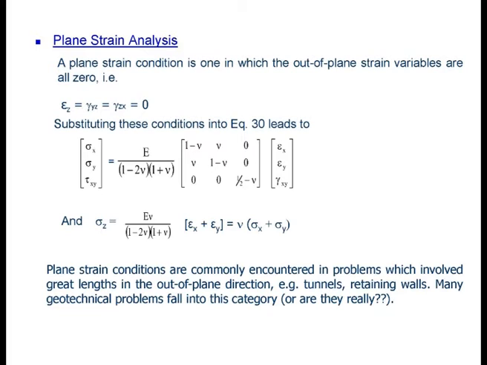That is basically the attraction. Computationally, it is a lot less workload. A lot of people say plane strain conditions are very commonly encountered in problems that involve a great length in the out-of-plane direction, like a line of tunnel, or a deep, long trench in this direction.